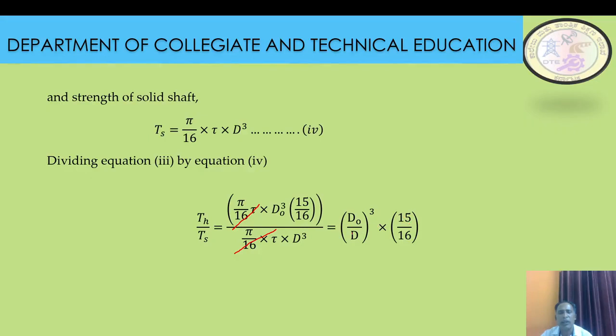As the external diameter is equal to the diameter of the solid shaft, Th by Ts is equal to 15 by 16, that is equal to 0.9375. So therefore the torque transmitted by the hollow shaft is 0.9375 times the torque transmitted by the solid shaft.